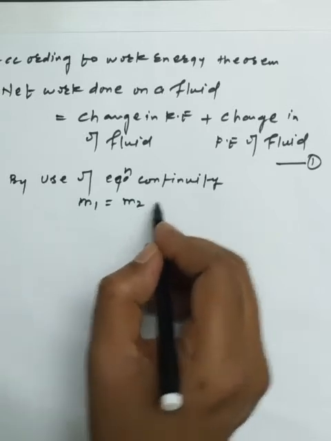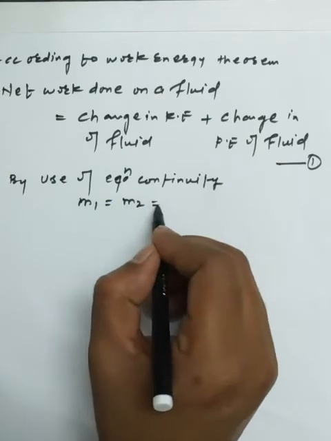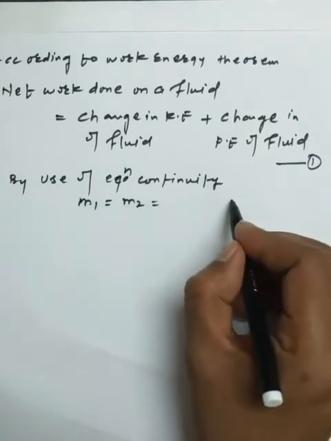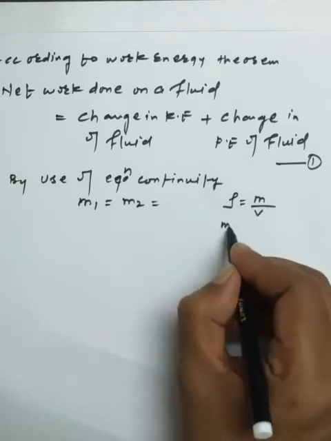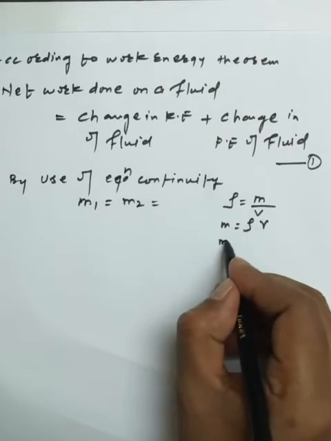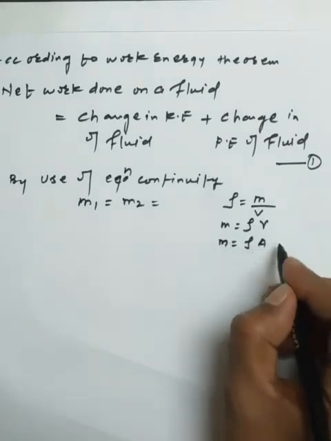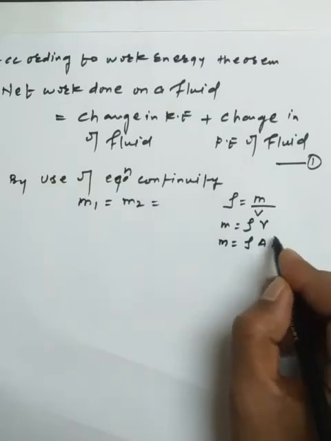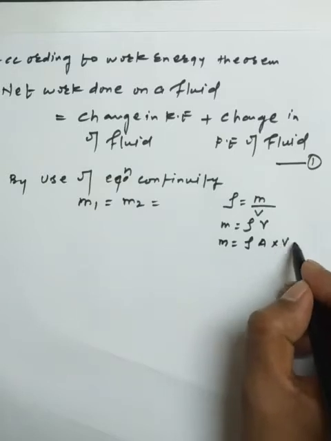We are making the possible changes by the formula rho is equal to m upon volume, and m can be stated as rho into volume. Now m can be stated as rho times the volume, that is the area into the length, so we are compensating it by v into delta t.